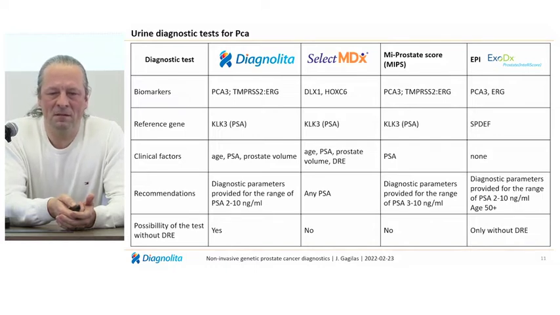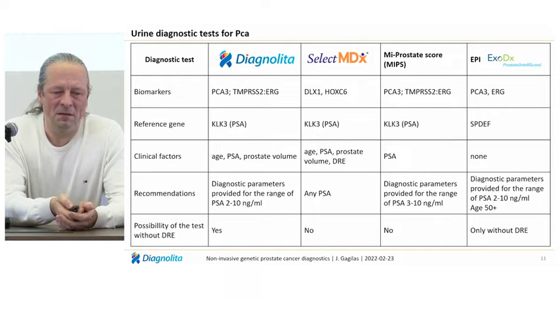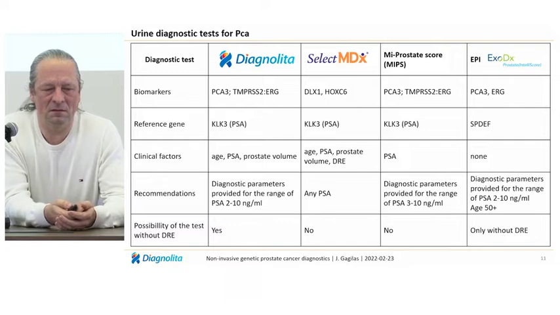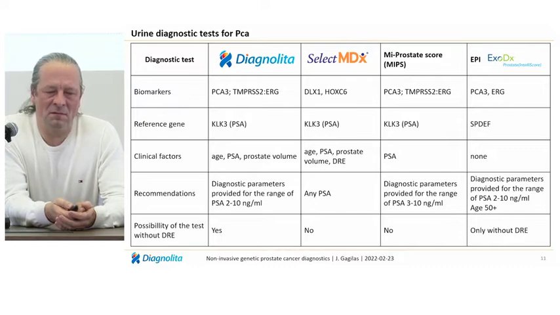Also, the ExoDx test measures PCA3 and ERG genes, and uses a different reference gene, SPDEF. In addition to these biomarkers, clinical information is also used, and most of these tests, according to recommendations, are recommended for patients who have PSA from 2 to 10 nanogram per milliliter.